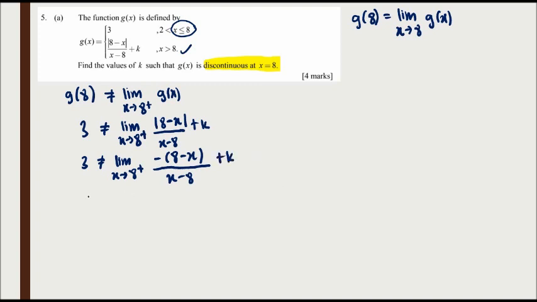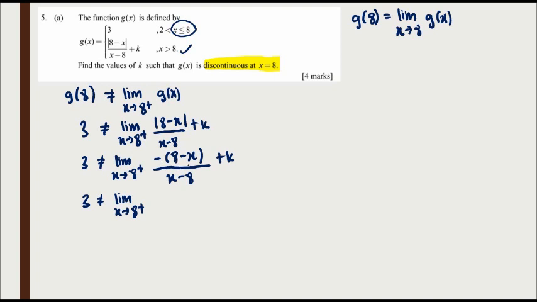So the next line is 3 is not equal to this. If we rearrange and double check, we factor out the negative so we can simplify this.